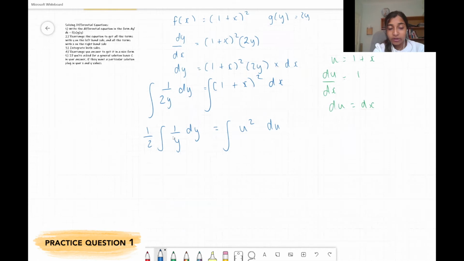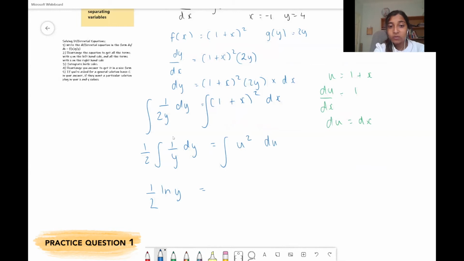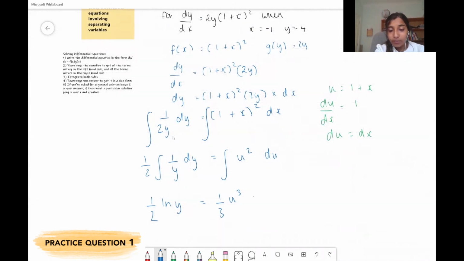Now if we integrate this, we'd get a half. If we integrate 1 over y, that's just ln y is equal to, now if we integrate this, if we add 1, we'd get 1 over 3 u cubed plus c.